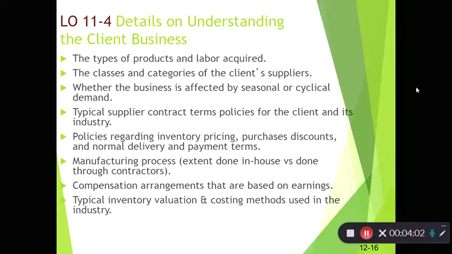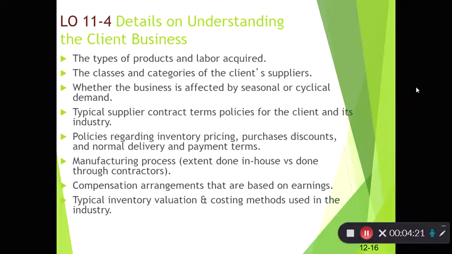That's understanding the client's business. We need to understand their suppliers, seasonality, and typical contract terms. We need to understand policies around pricing of inventory, purchase discounts, payment terms, those kinds of things.